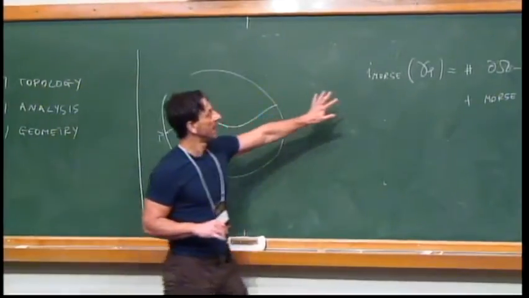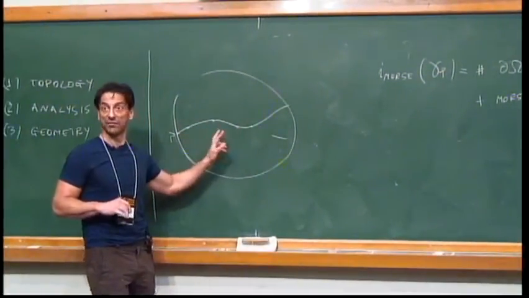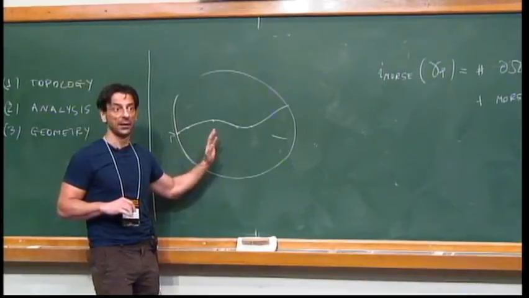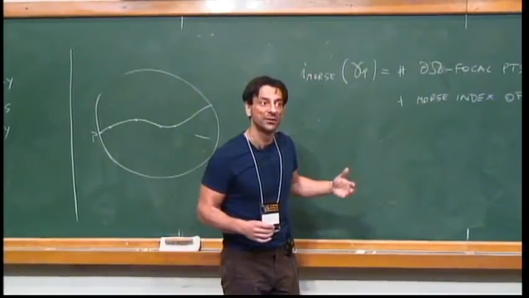Evidently, the left-hand side of this equality does not depend on the orientation of gamma, okay? But both terms on the right side do depend on the orientation of gamma.